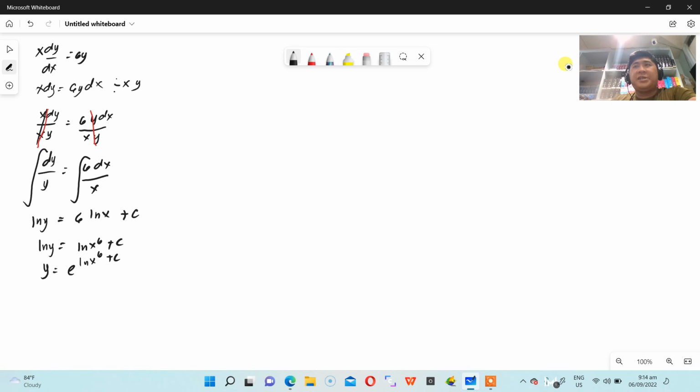All of the other side becomes the exponent of our exponential function. From here, you have another thing you need to remember. In an exponential function, if the exponent is added, it could be transformed like this: e raised to ln x to the power of 6 times e raised to the power of c.